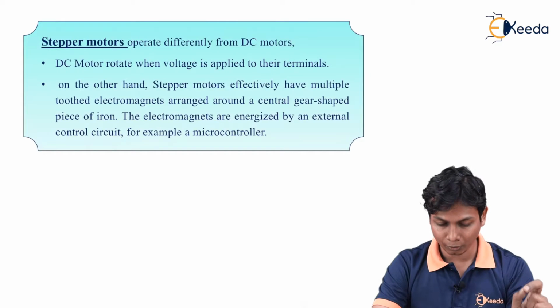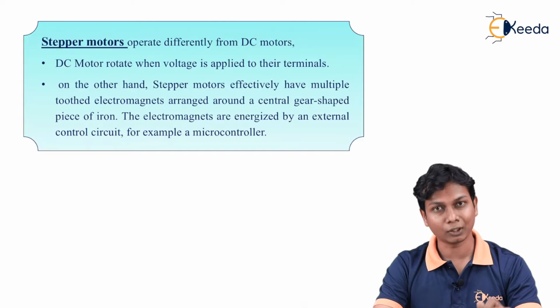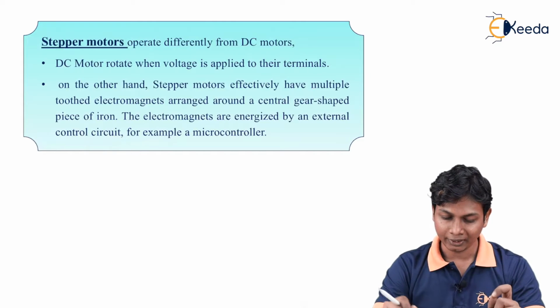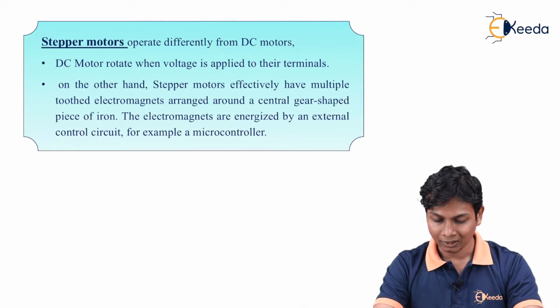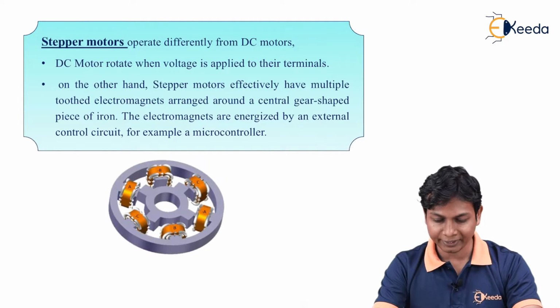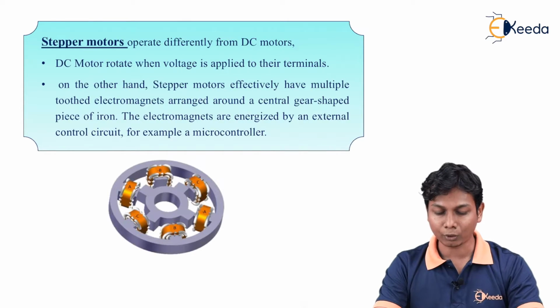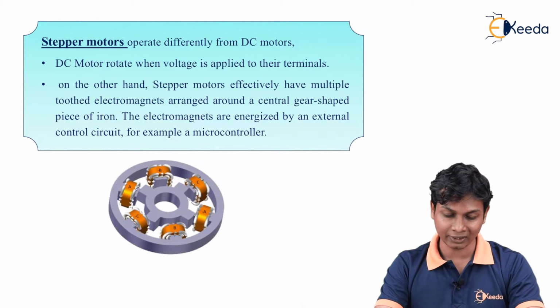The DC motor rotates when voltage is applied to the terminals, but the stepper motor effectively has multiple tooth electromagnets arranged around a central gear shape. As you see here, the central gear shape and the piece of iron, the electromagnets are energized by an external control circuit.